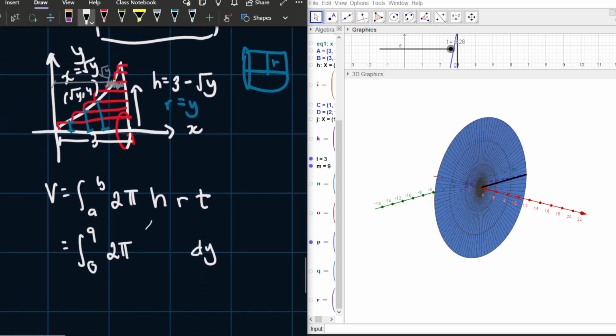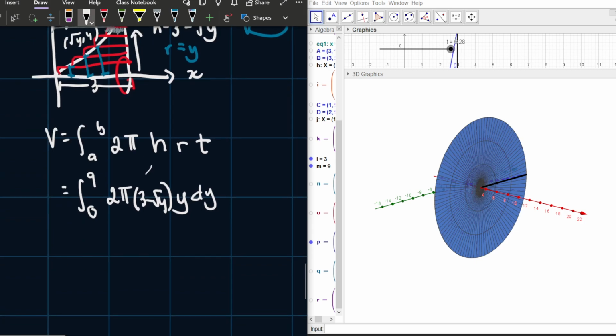So, the height, again, is given by 3 minus square root of y. The radius is y. Simplify. So, factor out natin si 2 pi. Then we have definite integral from 0 to 9 ng 3y minus y raised to 3 halves dy.